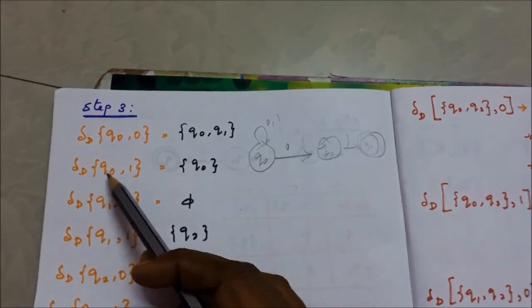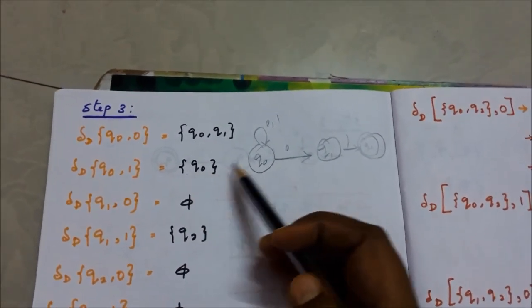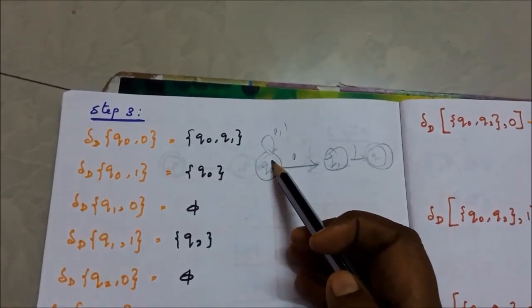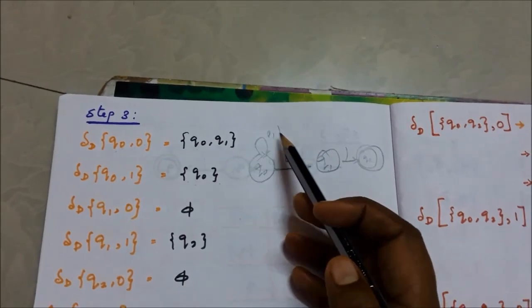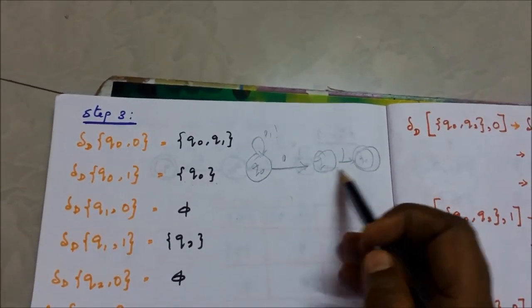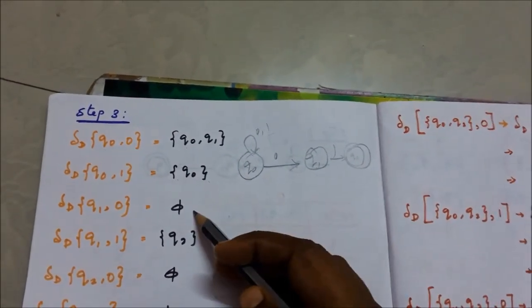So transition function of Q0 comma 1, we will get the output as Q0, because for Q0, the input symbol 1 to the Q0 will get the transition of Q0. And Q1 comma 0, there is no input for 0 for Q1, so we will get null.